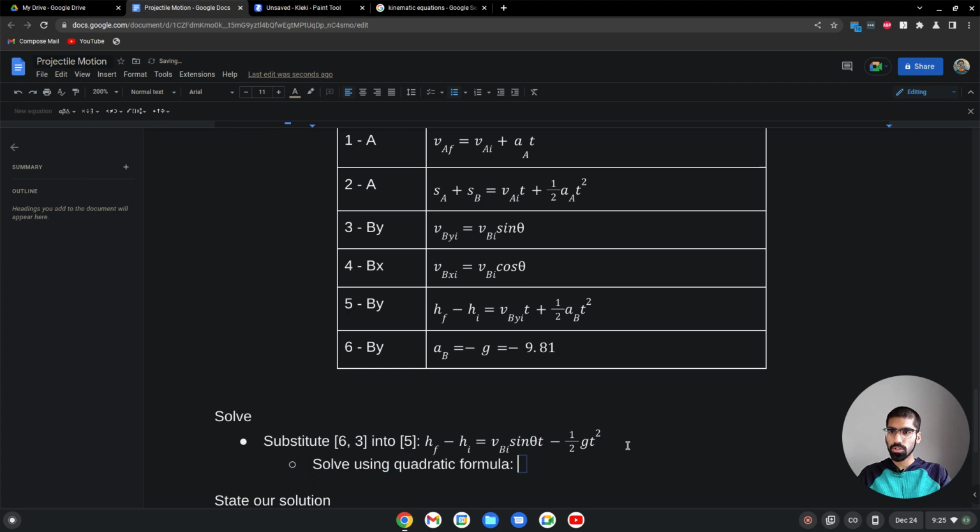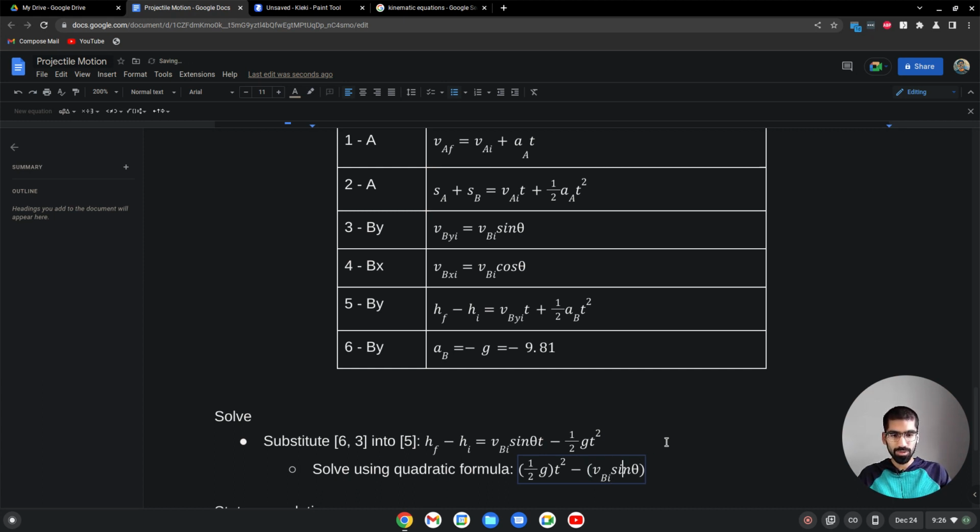So let's isolate on one side so this becomes a little bit neater. So we have 1/2 gt squared, where this part is like a coefficient in front of the t squared term. And then we have minus VBI sine theta, which is the coefficient of the t term.